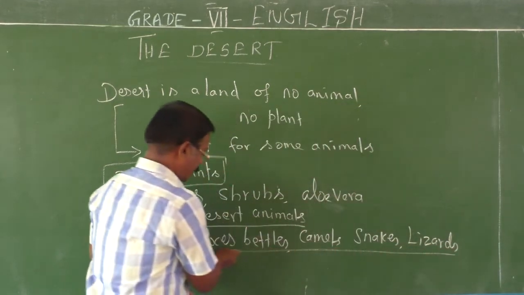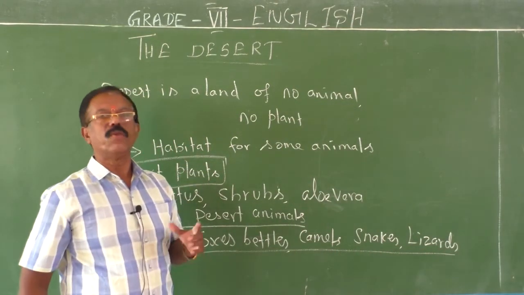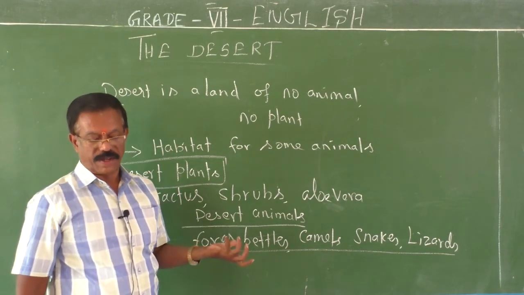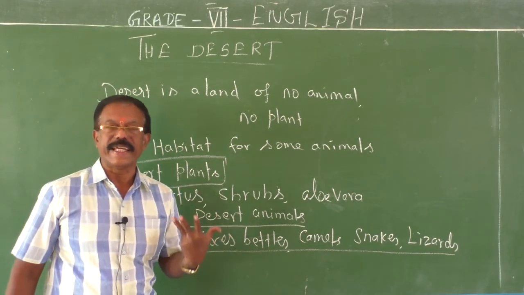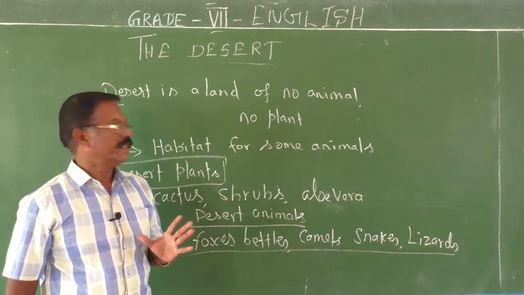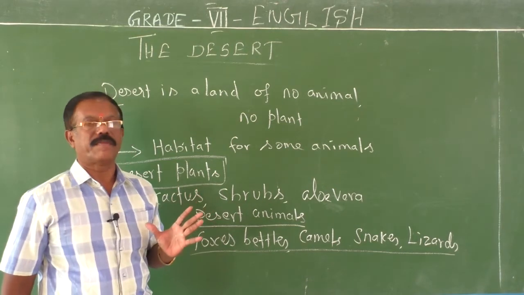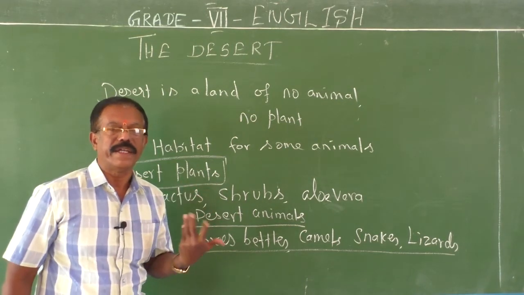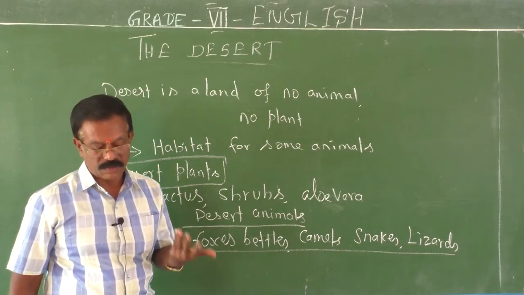So these animals are very peculiar to the deserts. They have the capacity to survive in harsh and dry conditions. So they are called desert animals. These plants also have adaptation. They can grow on less water.